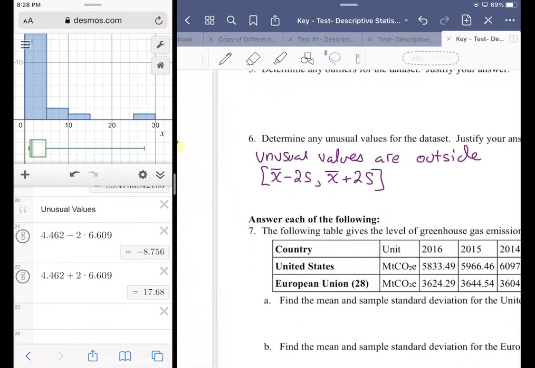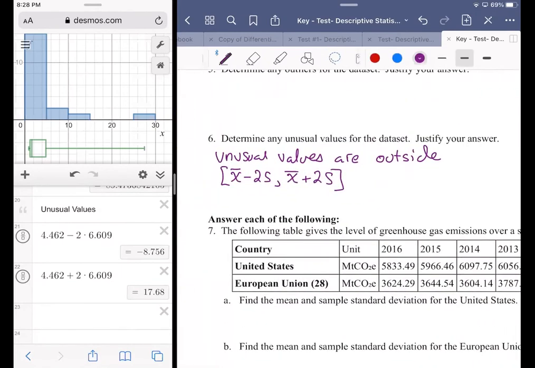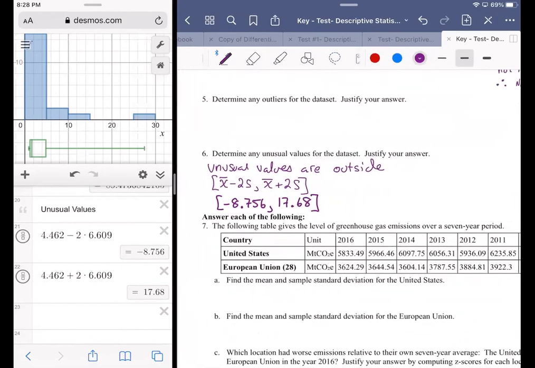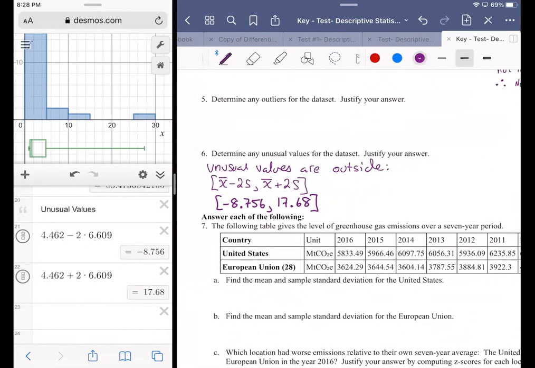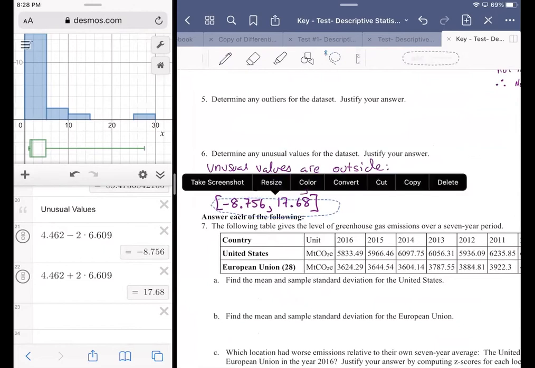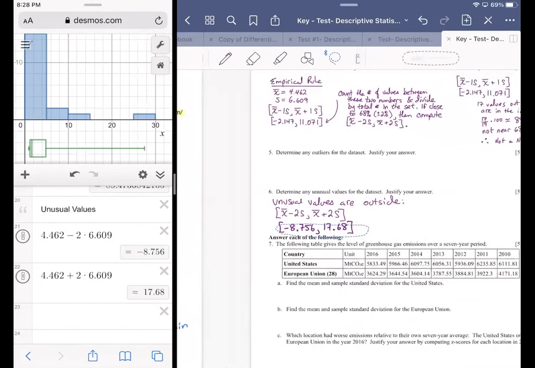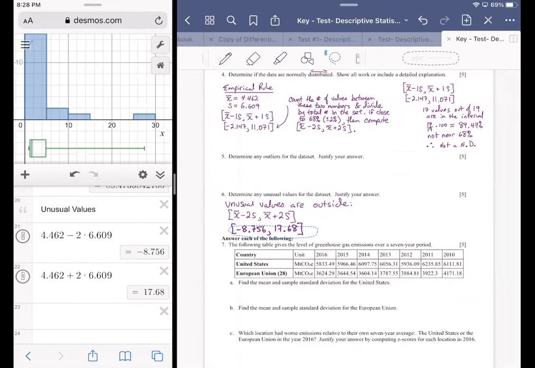So we're looking at values outside of the interval of -8.756 and 17.68. So I'm going to go back to my original data set and just see if there's any values that are not in that interval.